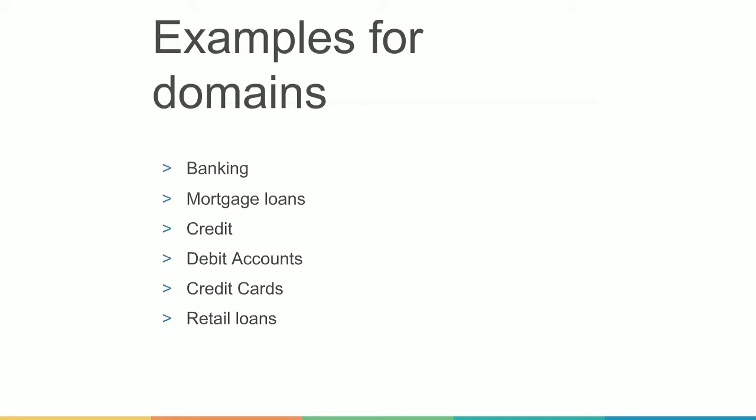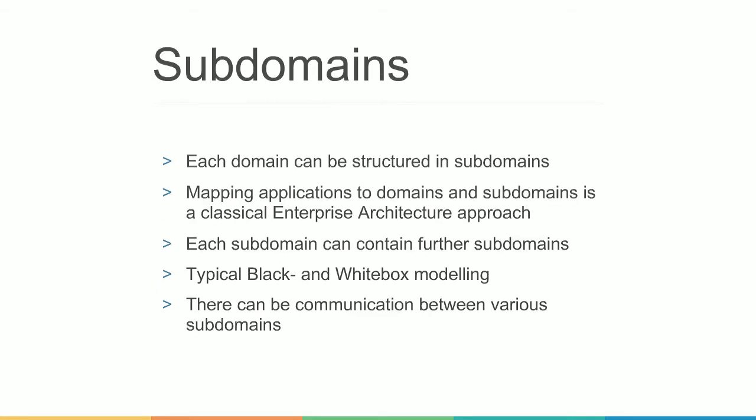So with the domain alone, we do not get very far. And that's also the reason, and this is also a part of a typical enterprise architecture business, we also talk about subdomains. You can structure any domain into a given number of subdomains.